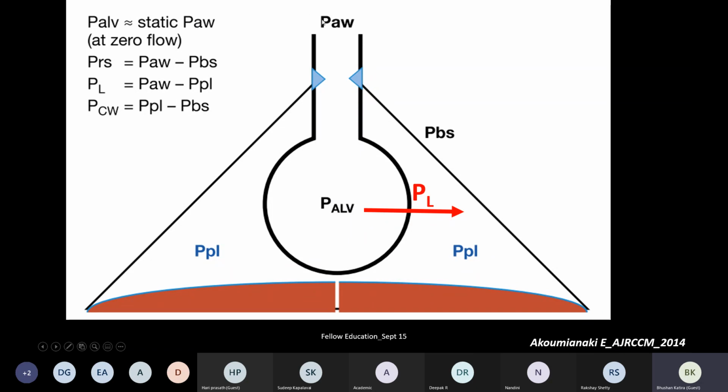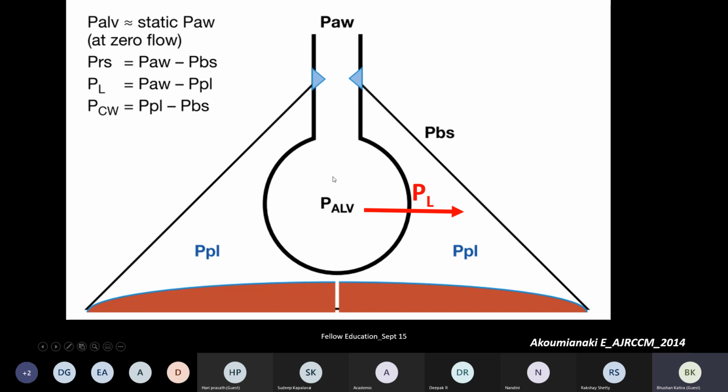Now we give the airway pressure here, which is what we measure as PEEP or peak pressure. If we zero the flow, the airway pressure that we measure is the plateau pressure. The alveolar pressure and the airway pressure will equalize if there is no flow, which is to say that plateau pressure is the alveolar pressure at the end of inspiration, and the total PEEP is the end-expiratory pressure at the end of expiration.